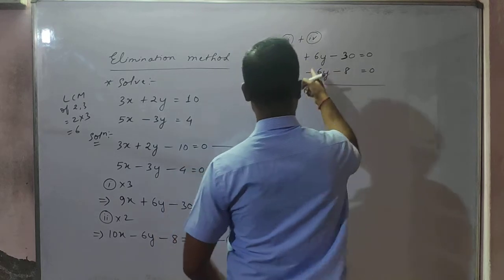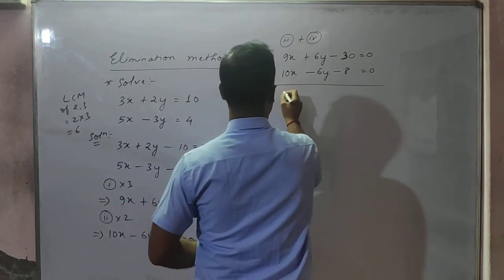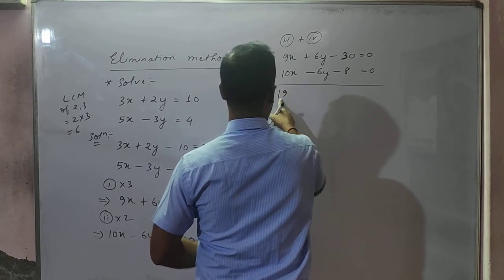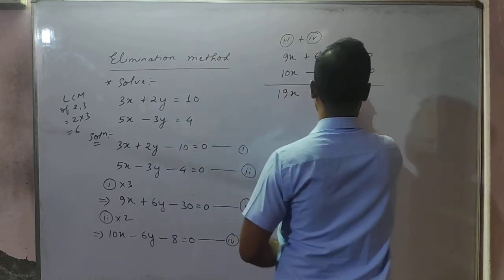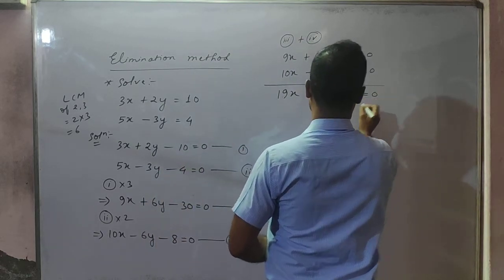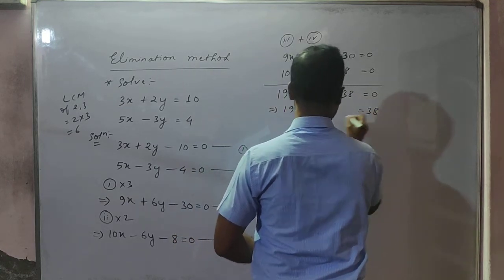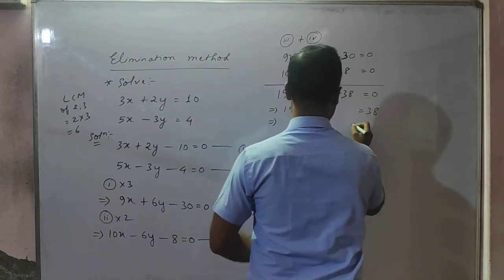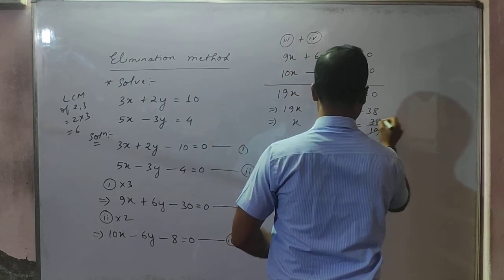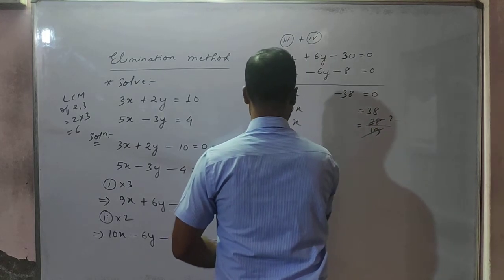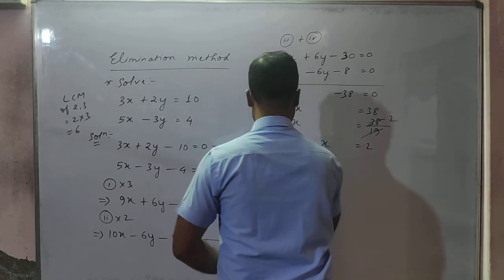So 6y plus and 6y minus is cancelled, isn't it? 19x minus 38 is equal to 0. 19x will be equal to 38. x is equal to 38 by 19, that is 2. So therefore x is equal to 2.